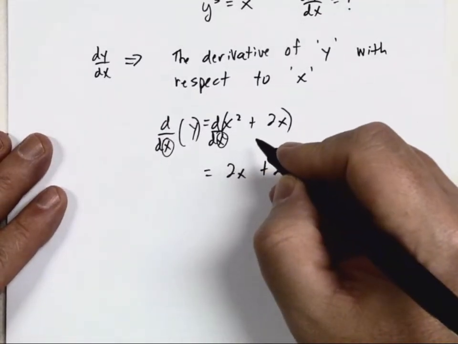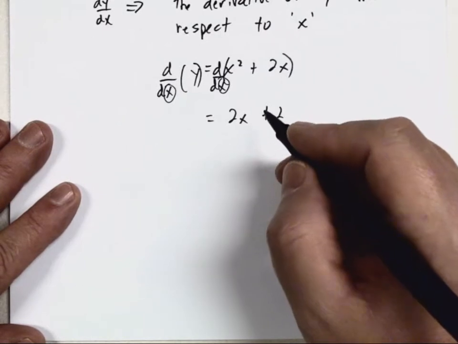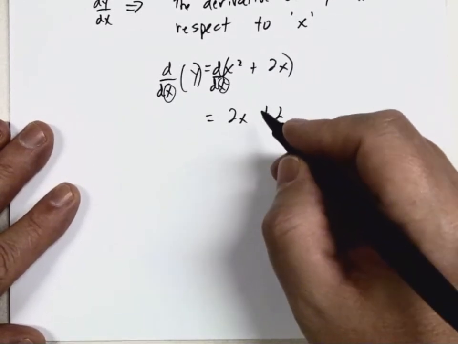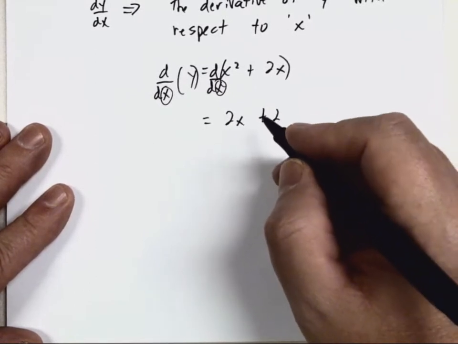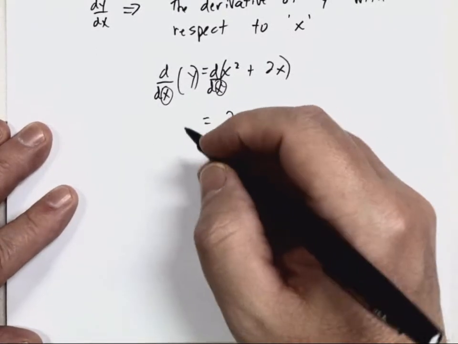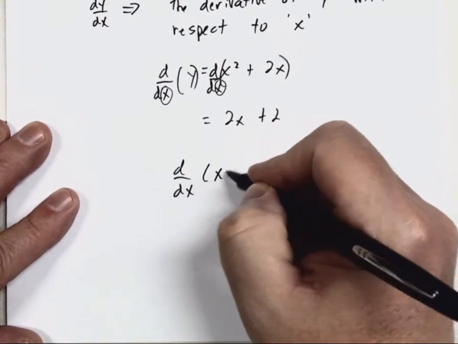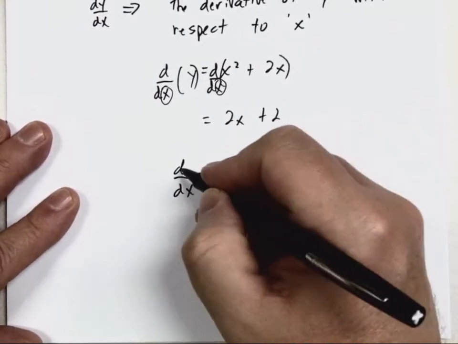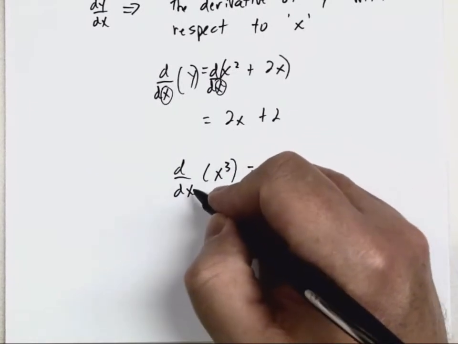Let me finish this problem in a minute, but let me just now try and stress a point. The whole point is the idea about what you're taking the derivative with respect to. So for instance, say I want to take the derivative of x cubed with respect to x.